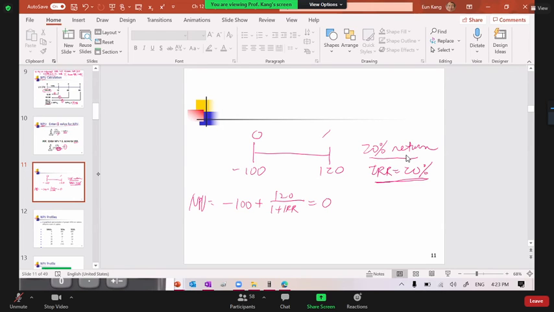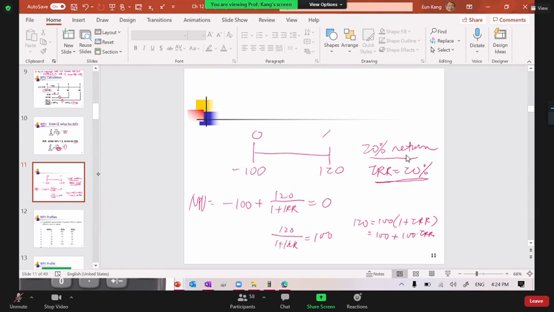Then 120 over 1 plus IRR is 100. So 120 is 100 times 1 plus IRR, which is 100 plus 100 times IRR.